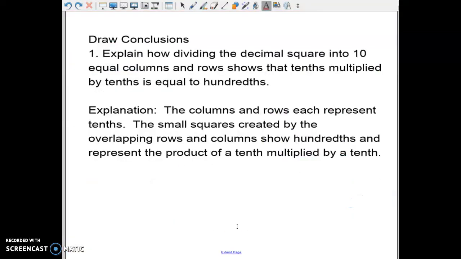Okay, draw the conclusion at the top of 184. It asks you to explain how dividing the decimal squares into 10 equal columns and rows shows that tenths multiplied by tenths is equal to hundredths.